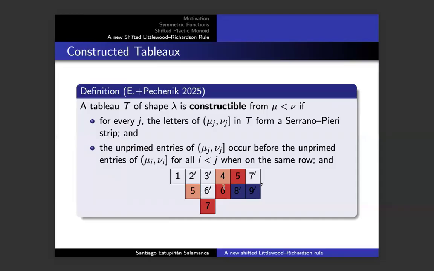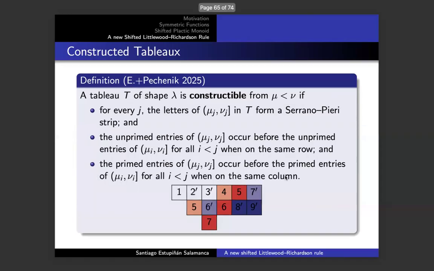Whenever I have two strips like this, and I consider the unprimed entries, the unprimed entries of previous strips happen before unprimed entries of the next strips. And the same for the vertical part. So previous strips need to happen before in that column, before the strips that come after. And a tableau is constructible again if I can partition it into Serrano-Pierre strips.